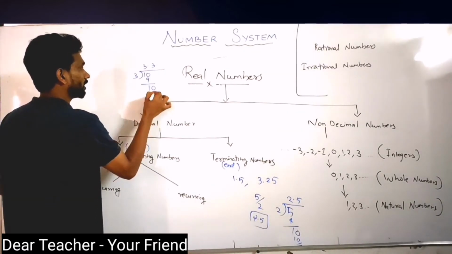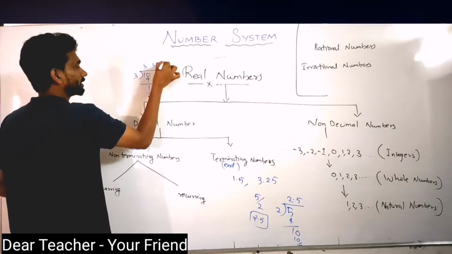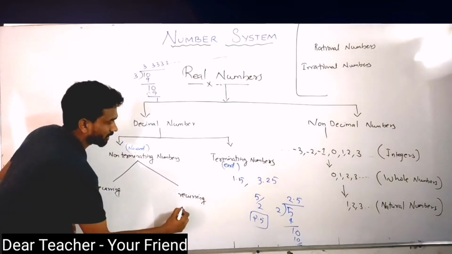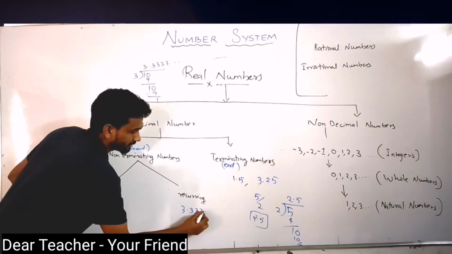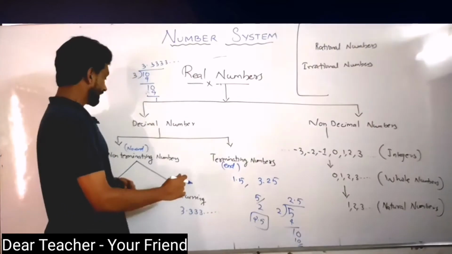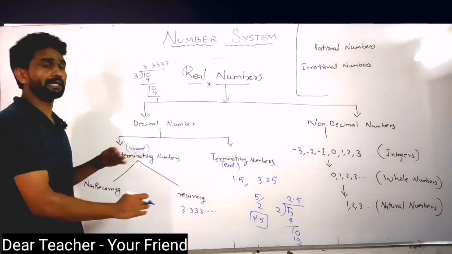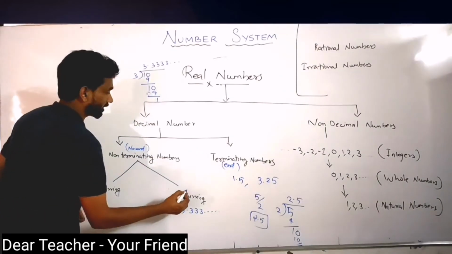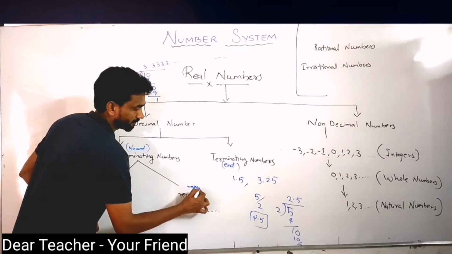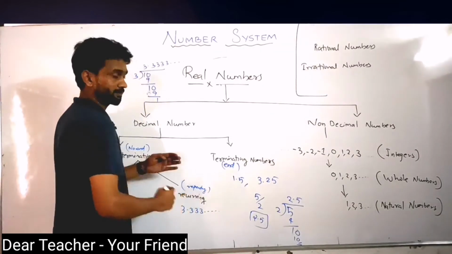The remainder is 1. If it will repeat in this way, 3 3 3 3 3 3 is going. So 3.3333333. It is called recurring, non-terminating. It is not terminating, but it is recurring. It is repeating.